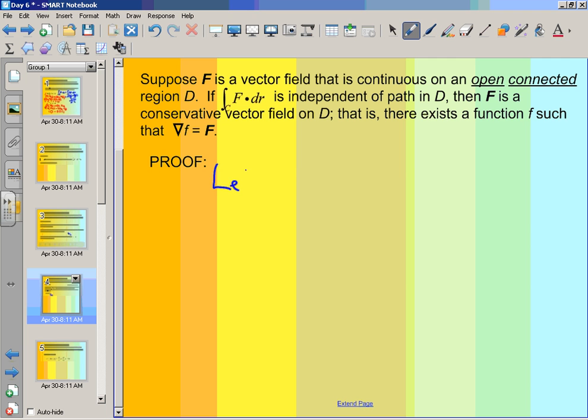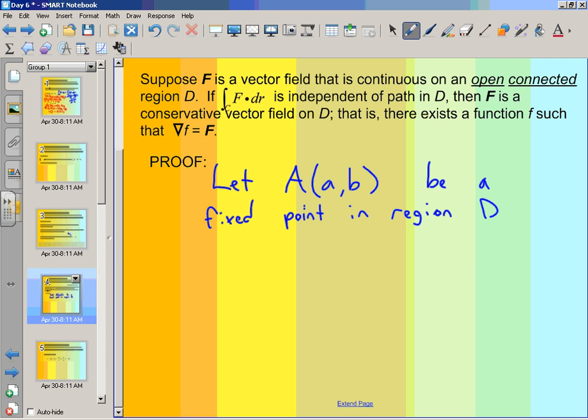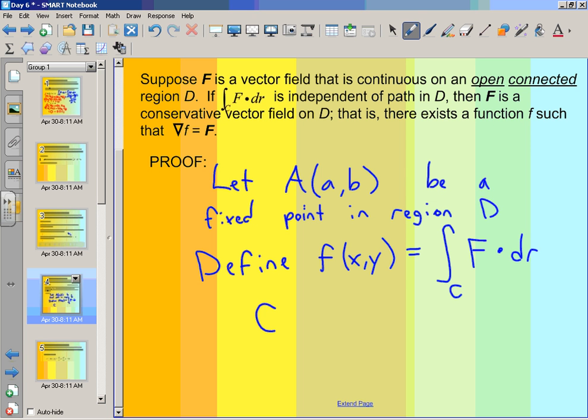So we're going to let A, what's called A, be a fixed point in our region B. A is just some point in space, and we're going to define our function f of x, y as the integral along C of F dot dr, where C just goes from our fixed point (a, b) to some floating point (x, y).